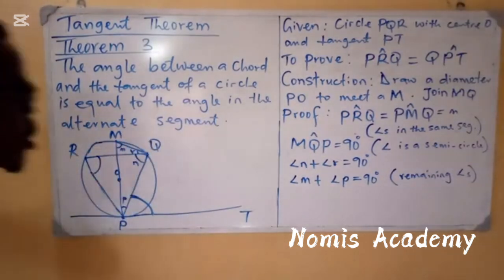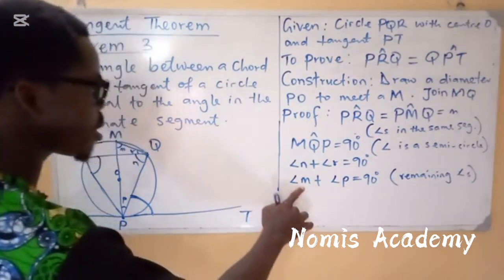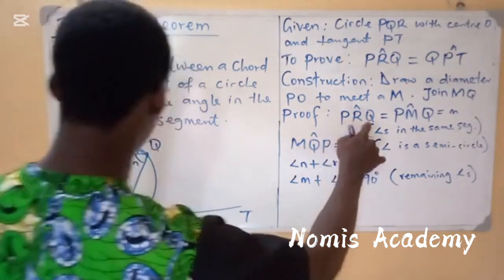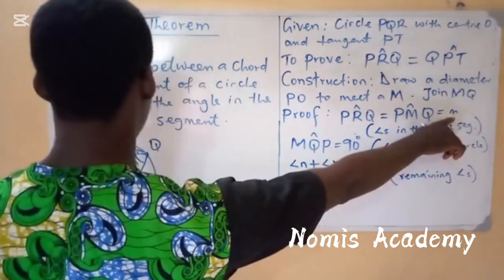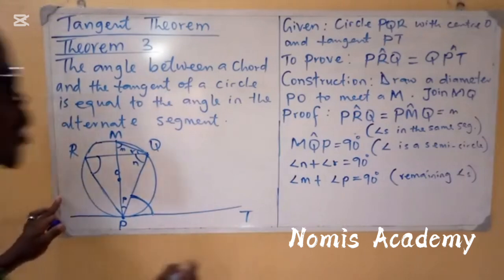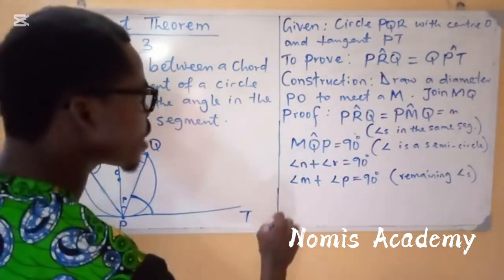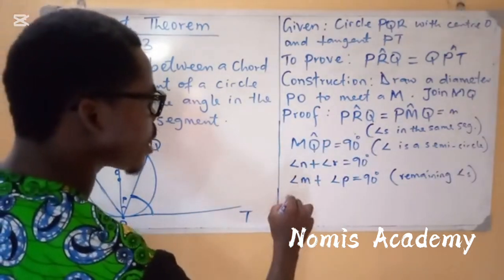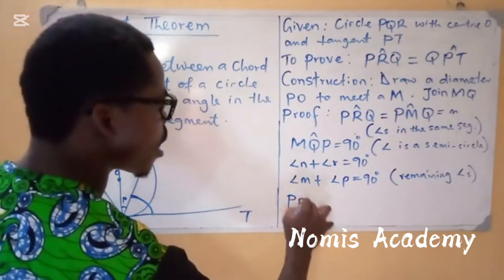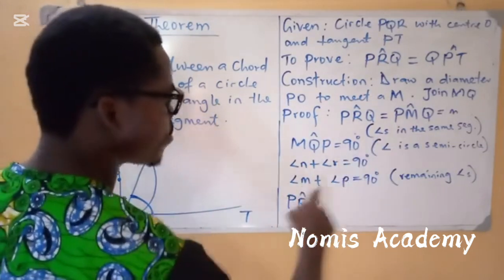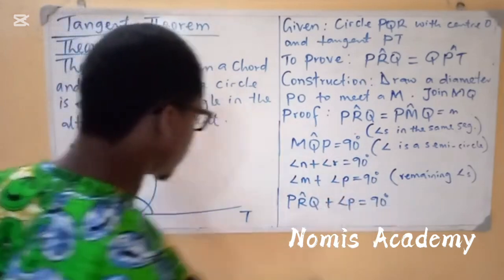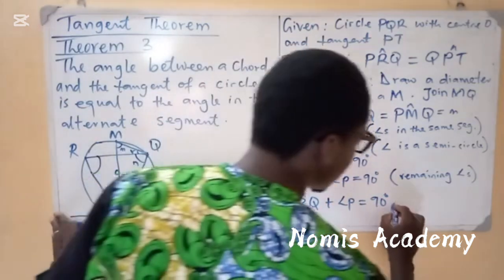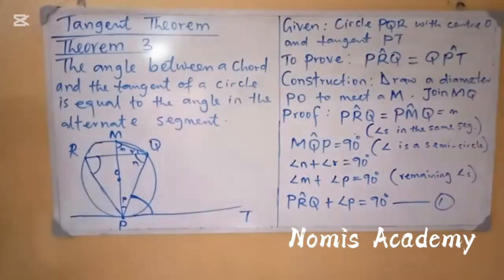And remember we stated that PRQ is M. So in place of M here, we can say PRQ, which is M, plus the angle at P is 90 degrees. I'm going to call this equation 1.